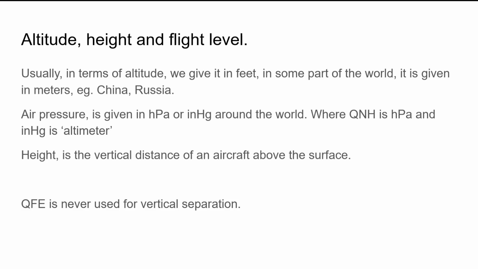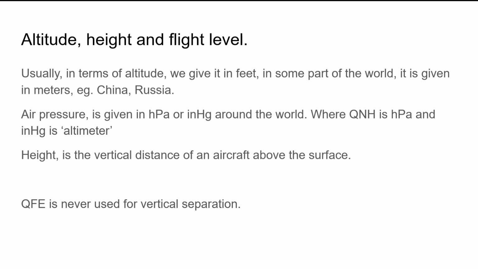We will usually use height on QFE if we want the height in reference to the airfield, where it should display 0 feet off the ground when you are at that airfield. We never use it for vertical separation, but thankfully it is not simulated on ATC 24, so it is not an important thing for you to know.